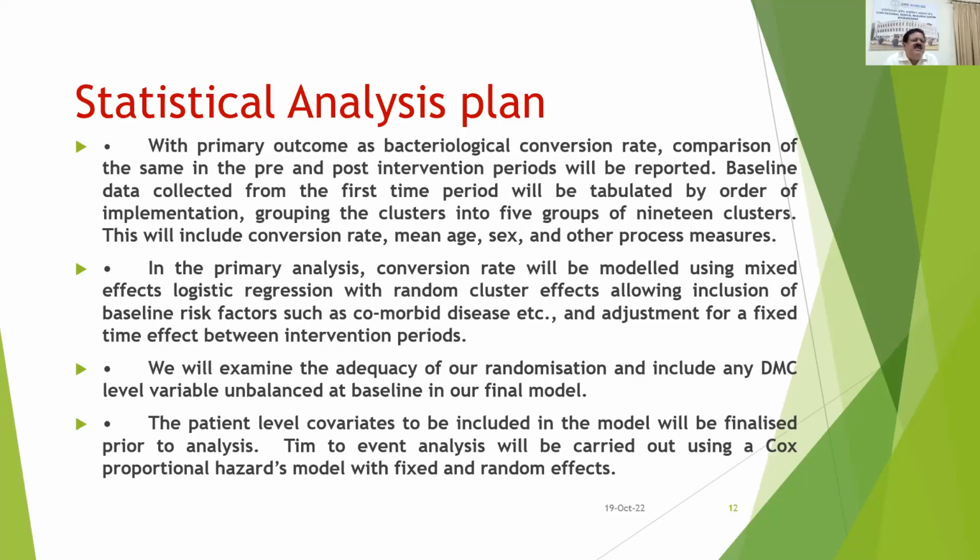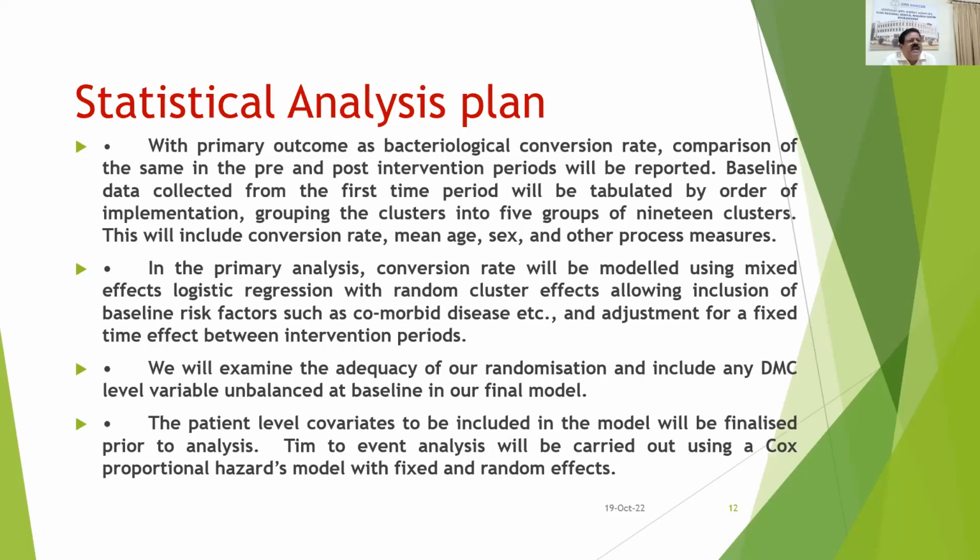In the primary analysis, conversion rate will be modeled using mixed effect logistic regression with random cluster effect, allowing inclusion of baseline risk factors such as comorbid disease, etc., and adjustment of a fixed time effect between intervention periods. It is most important to make this adjustment, fixed by the statistician, to minimize the confounding factors within the study population.